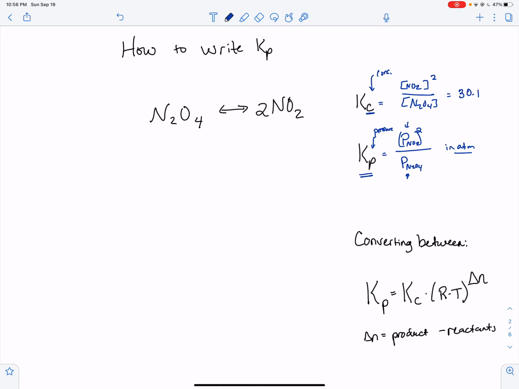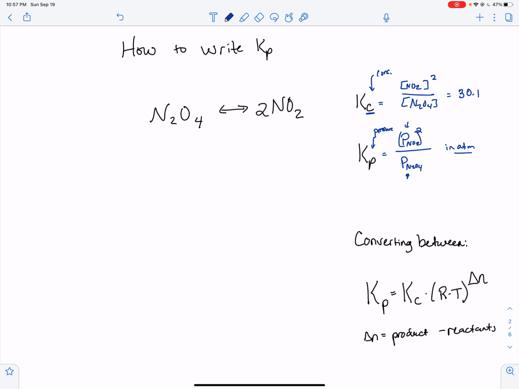So there is a relationship between pressure and concentration, and you probably should remember that, because remember PV equals nRT, and P is equal to moles over volume times RT. So that's molarity, and that's your pressure. There's a relationship between the two of them, and that's what we're taking advantage of.